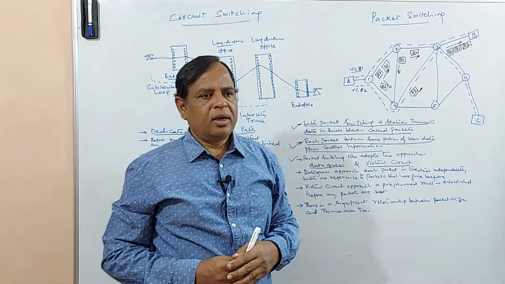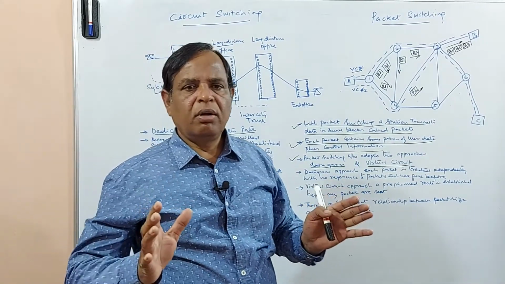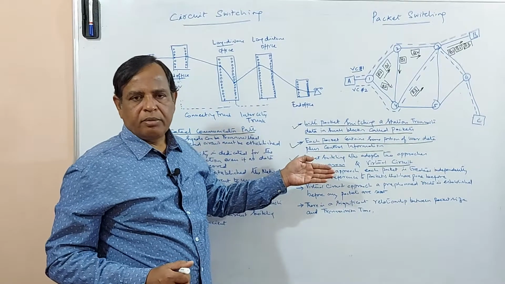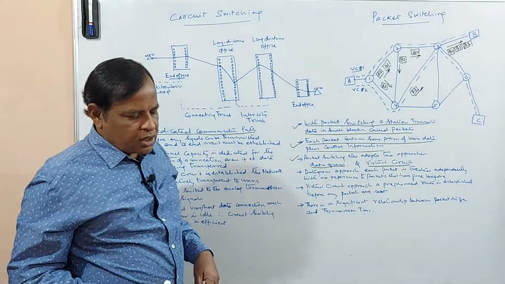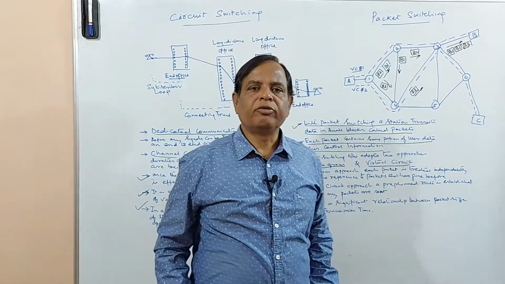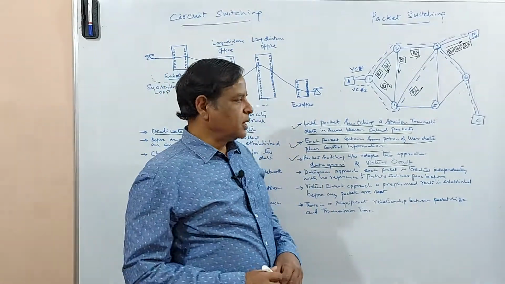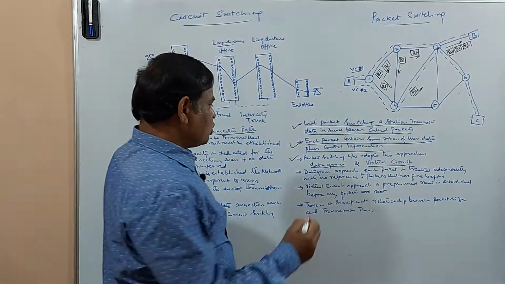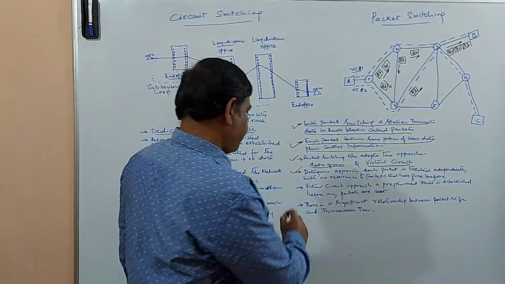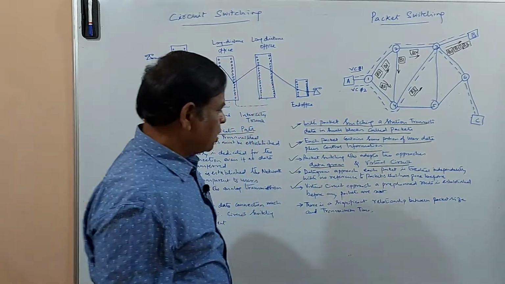If the information is very small, generally those applications use the datagram approach. These things will be very clear when we talk about networking basics in detail. So, now you understand what the virtual circuit approach and the datagram approach are.